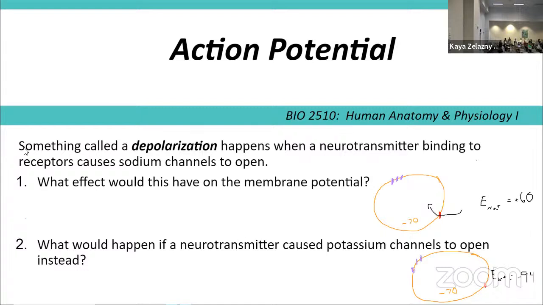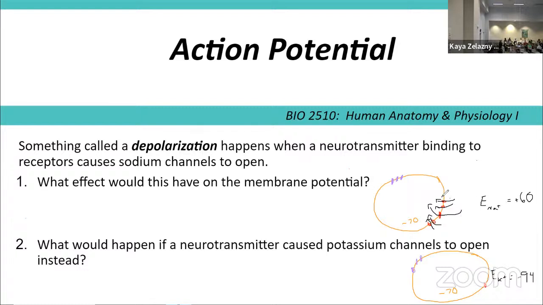So in this situation where we're depolarizing, we're opening more sodium channels, right? When we have more sodium channels, more sodium can get through. It already wanted to go through but couldn't because it didn't have quite enough space. And now we get more and more sodium coming into our cell. Without any numbers for the amount of sodium, we wouldn't know exactly what number we get to, and I'm not going to make you do calculations here.